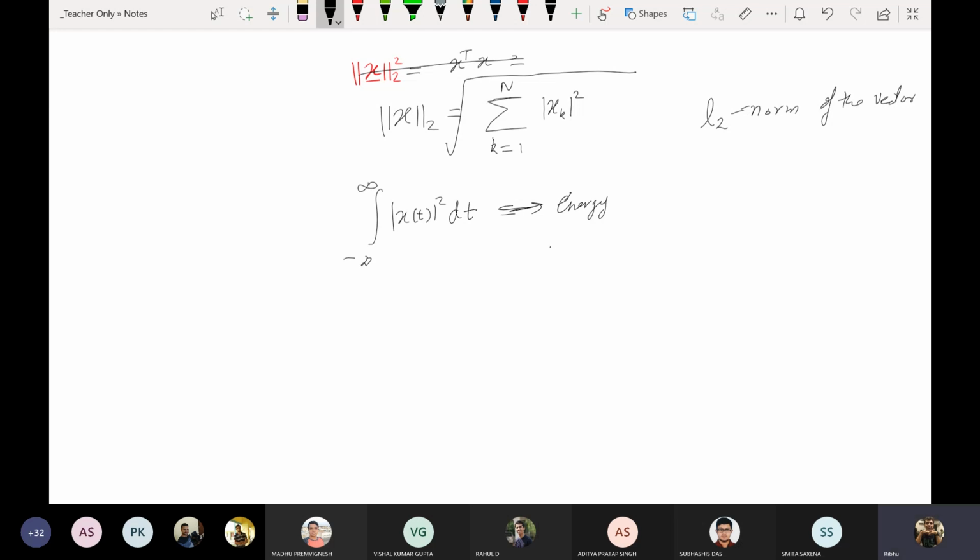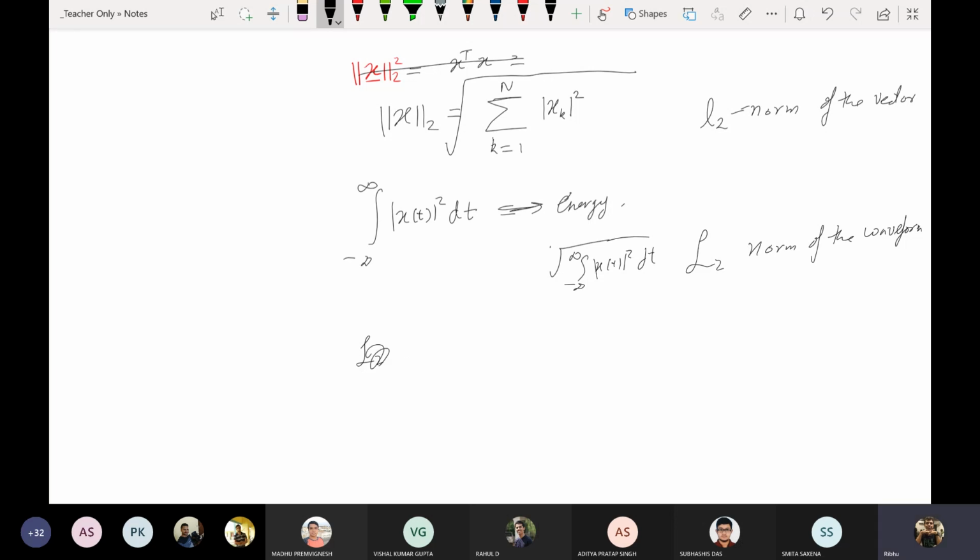The square root of the energy of a finite energy signal is called the capital L2 norm of the waveform. That's why, if you remember, I sometimes write L2 signals for energy signals.